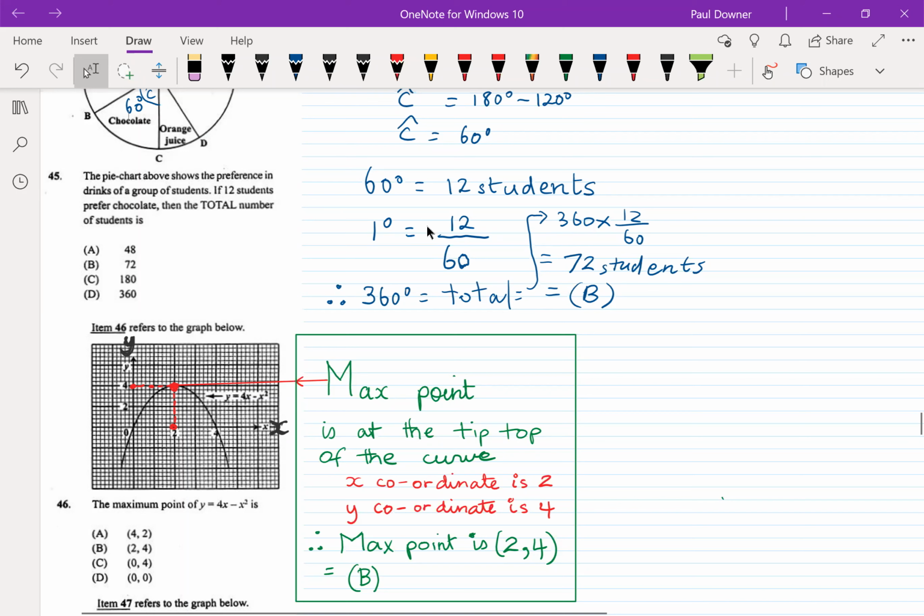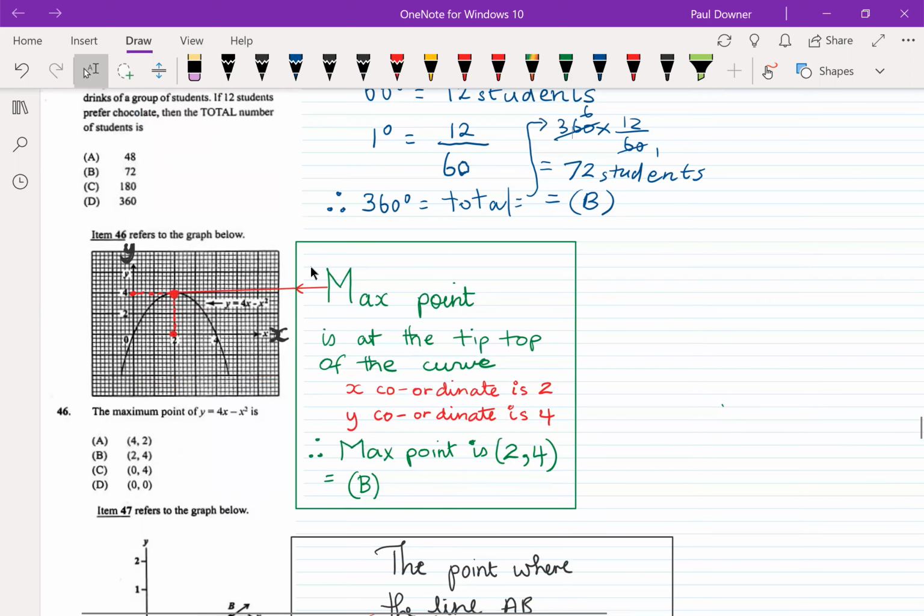Because remember, 1 degree is 12 over 60. Therefore, 360 degrees, which is the total circle, total number of students, will be 360 degrees times 12 over 60. If you calculate that, 60 into 360 is 6. And then if we multiply 6 by 12, we're going to get 72 students in all. So the answer for B would be 72 students. So there are 72 students in all.